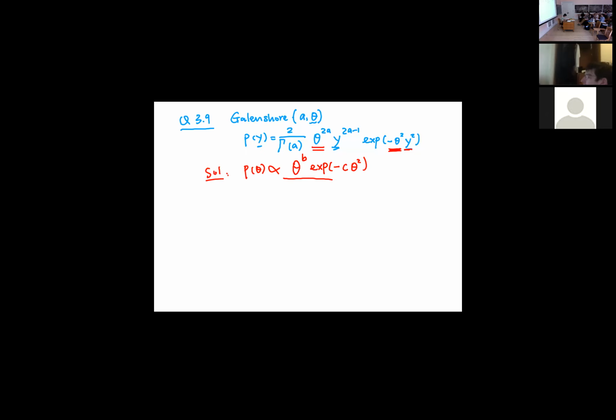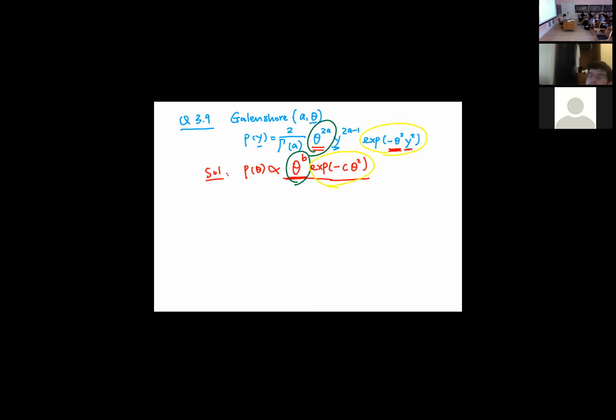If we have in the kernel of theta something like this, we'll be able to combine this with this, and then also combine this with this, right?